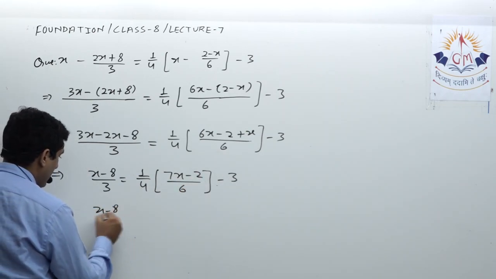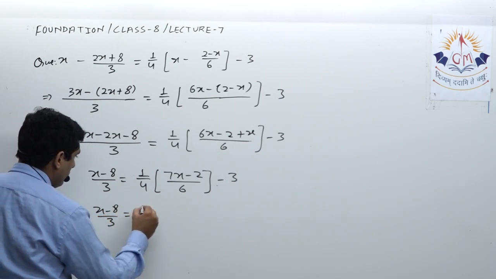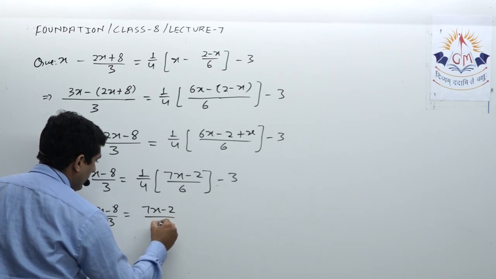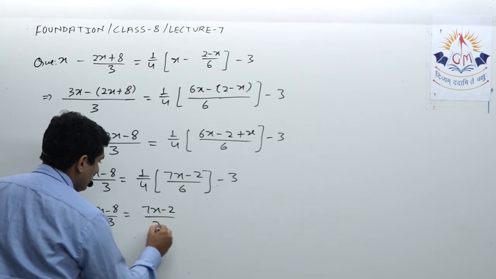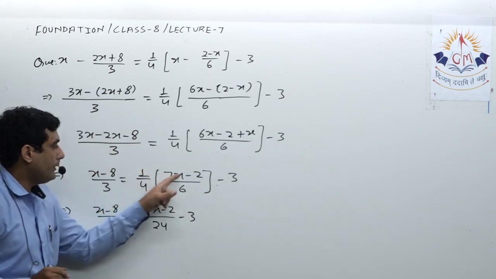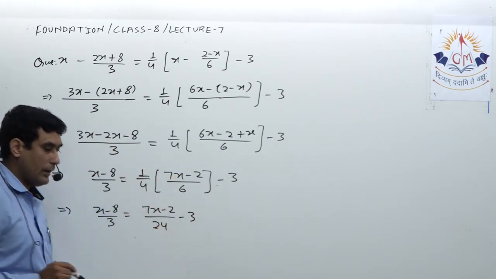So x minus 8 upon 3 is equal to (7x minus 2) upon 24 minus 3. Okay, numerator to numerator, denominator to denominator, I'll multiply.